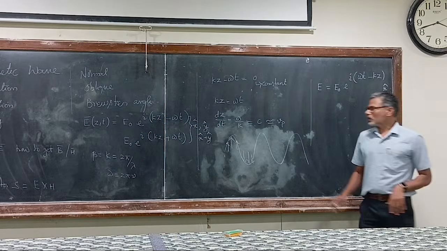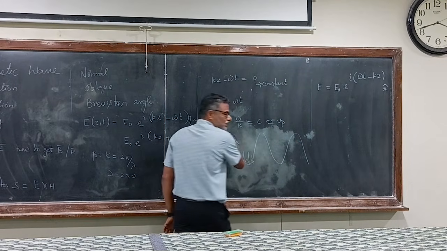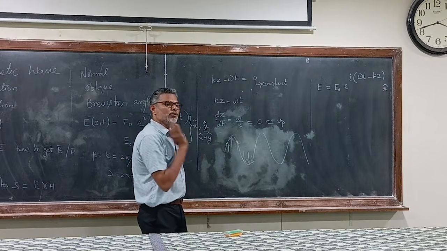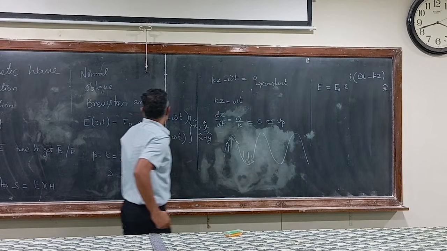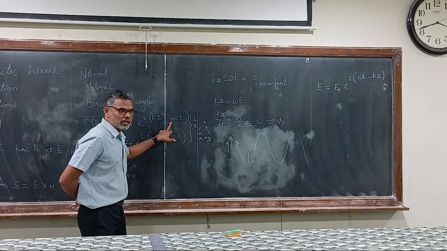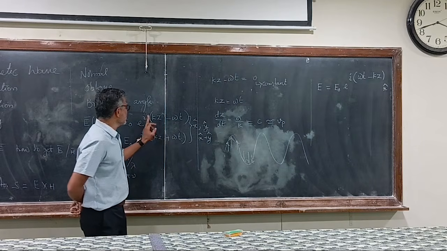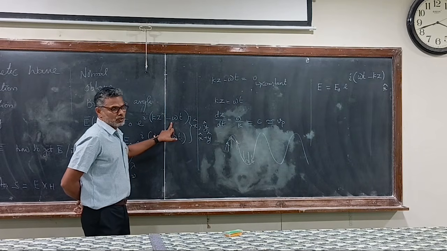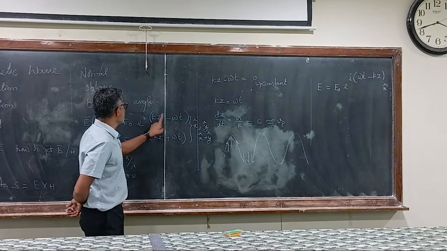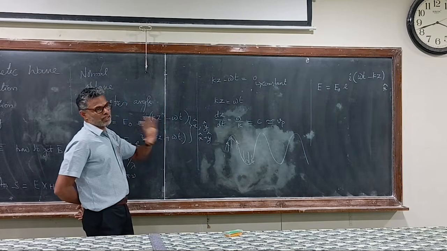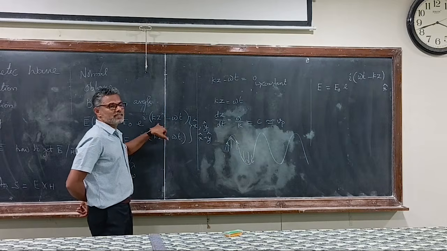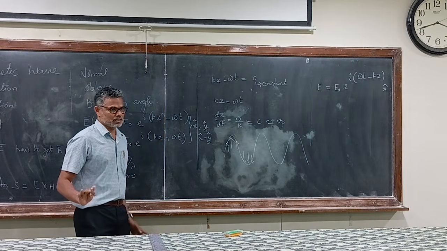Positive, yeah. As long as you get the phase velocity as a positive quantity, it will propagate in the plus z direction. So that means in this argument, either this can be plus or this can be plus. If it is one plus and one minus, the coefficient of k is the propagation direction. In this example, it's z, but not necessarily all the time.